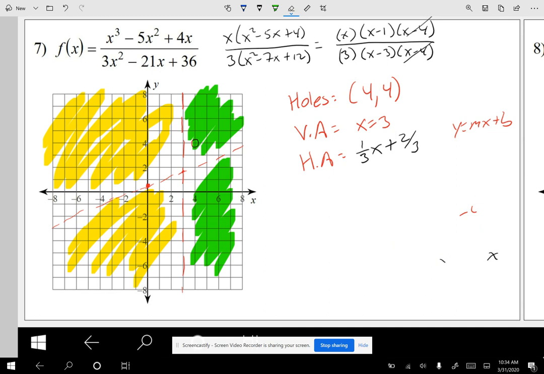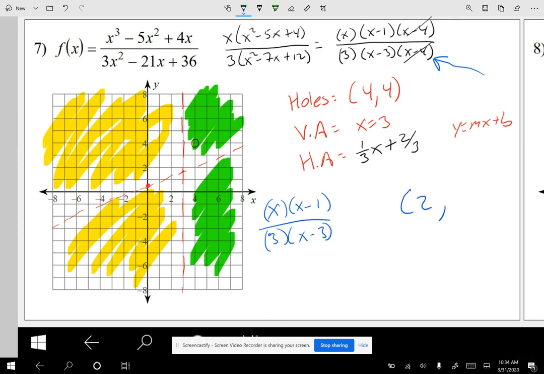The expression where I'm going to plug in my value is (x - 1)/(3x - 3), basically what I have left over after I cancel that x - 4. So I'm thinking any value less than 3. I don't know, let's try the point 2.